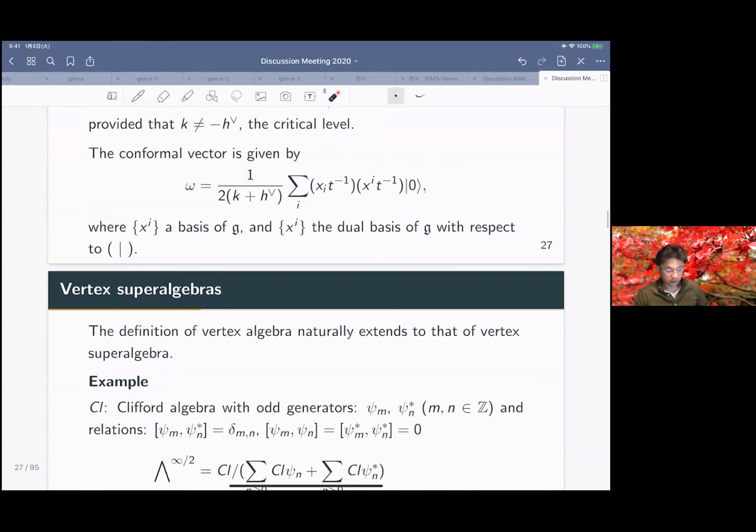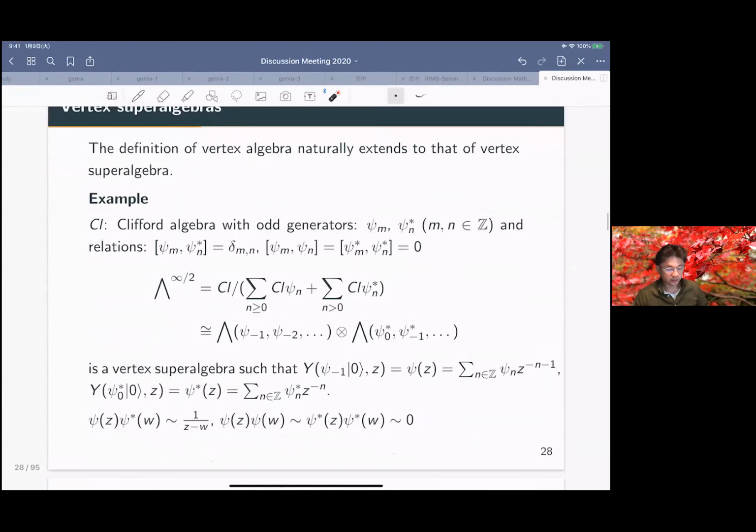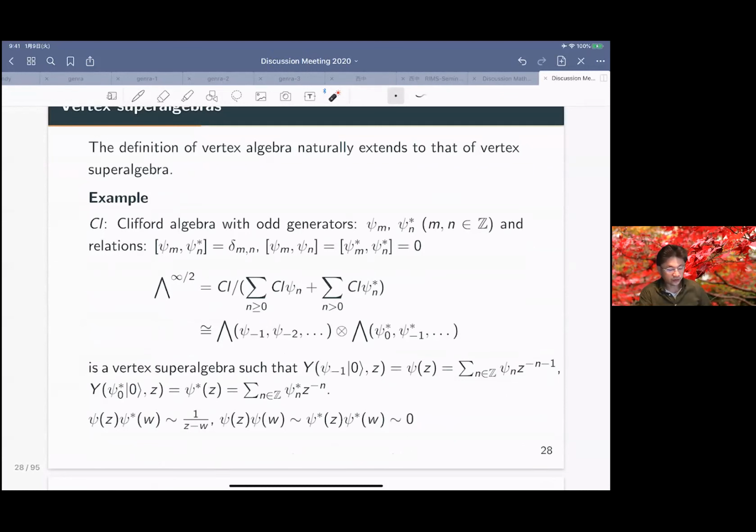And so the definition of a vertex algebra naturally extends to vertex superalgebras. We are not going to talk much about it, but the more important example is this one. So you consider a Clifford algebra with odd generators φ_n and φ*_n, which satisfy this condition.